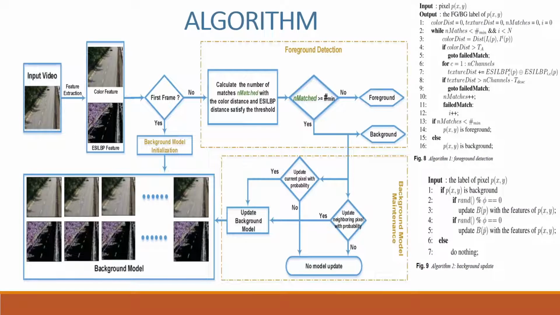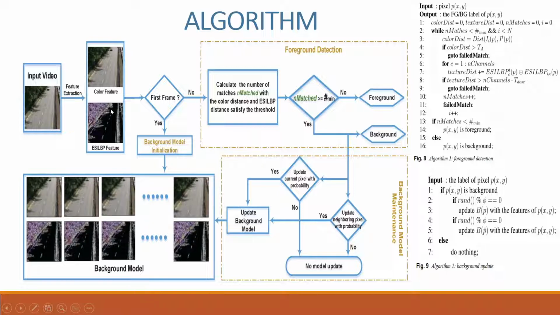So this is the algorithm of this method. First, when we take the video as input, we generate features. One is the color feature, which is nothing but the RGB vector of each pixel, and the other is the ESLBP feature, which we calculate.